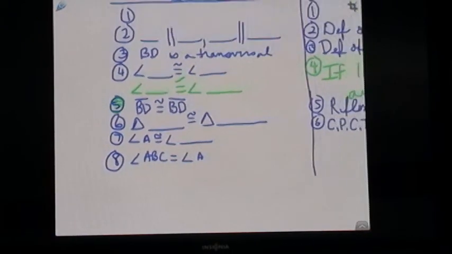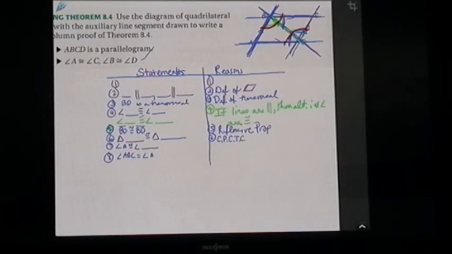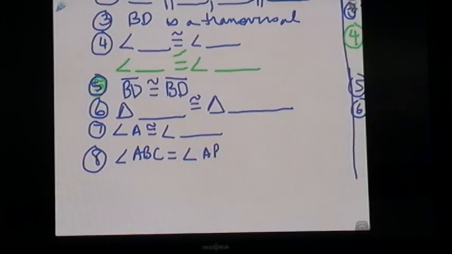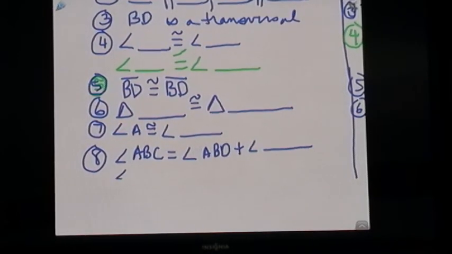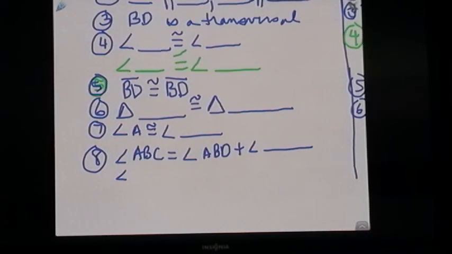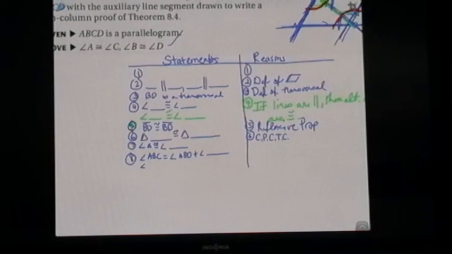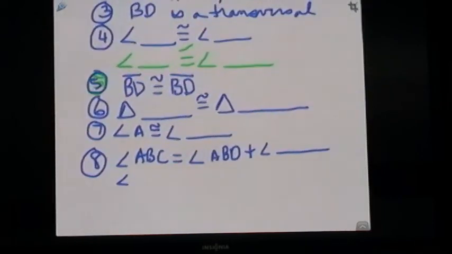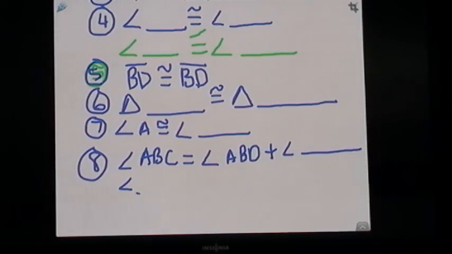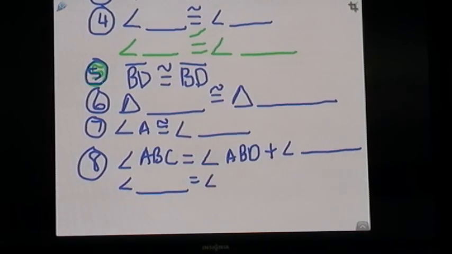Okay, the first one is angle ABD. And the second one I'm going to let you name. Okay, and then you're going to go to angle D, and you're going to tell me what that's made up of. And you can do that.